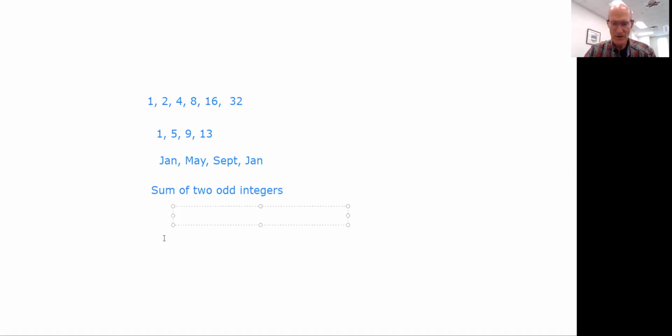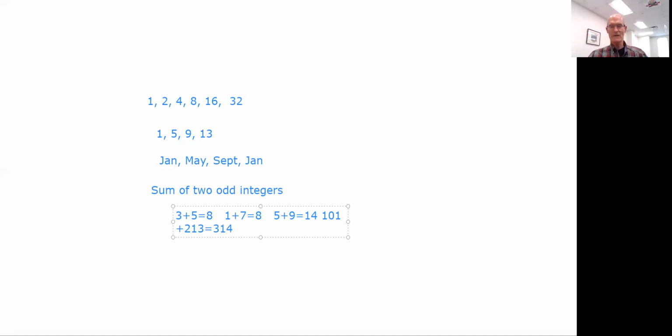Odd integers, 3 plus 5. What's it equal to? It's equal to 8, okay? 1 plus 7 is 8, okay? 5 plus 9 is 14. A really big one, 101 plus 213 equals 314.